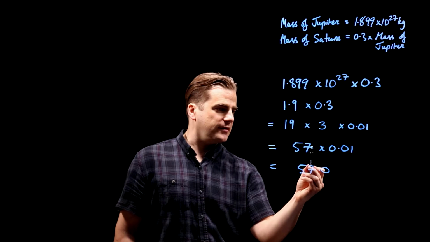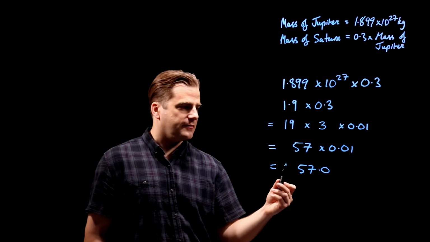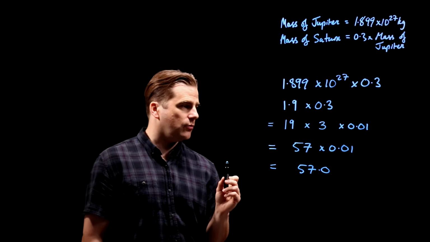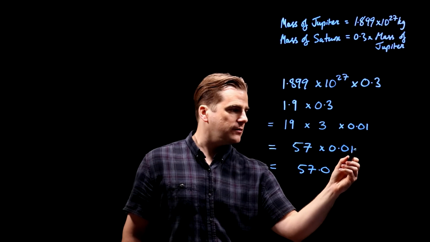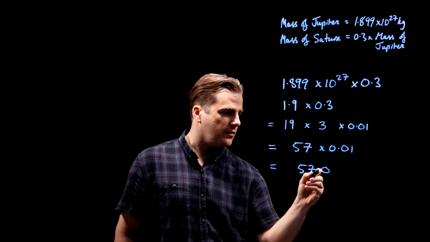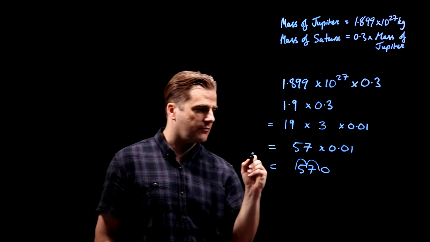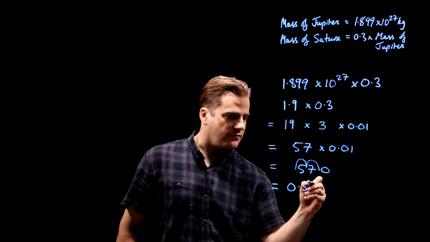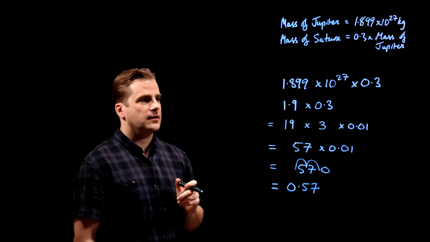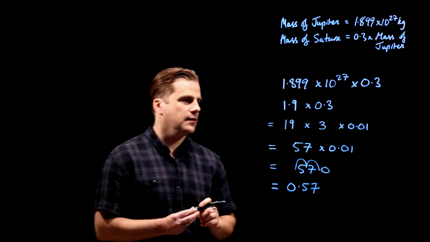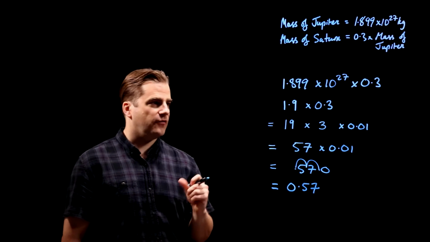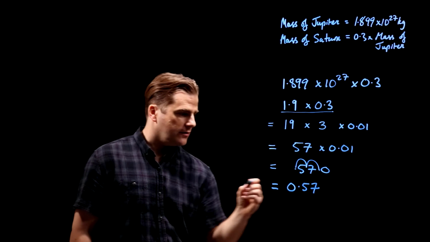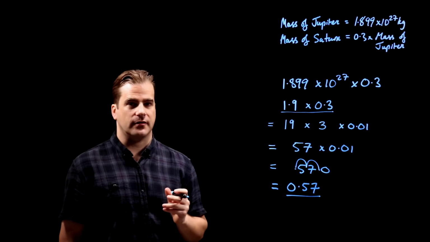So when I say the decimal is currently there, that's what I mean. So 57 times 0.01, move the decimal 1, 2 backwards, so it goes 1, 2 and ends up there, which is 0.57. Okay? So we figured out that 1.9 times 0.3 is 0.57.